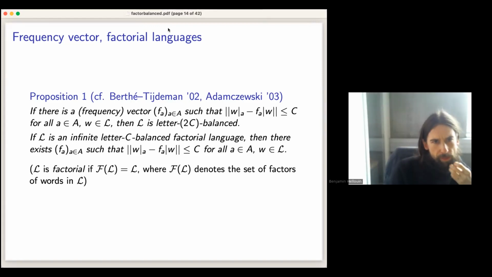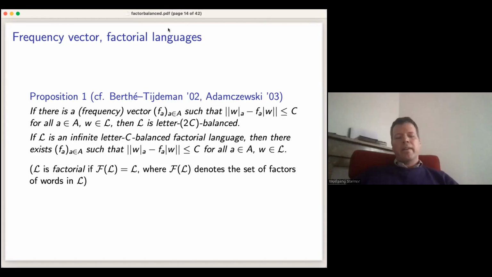Well, in general, of course, you could take two words that have the same frequency but are not in the same shift, and I think you could construct two different measures. No? Since we are really studying only languages, balancedness is a property of languages.